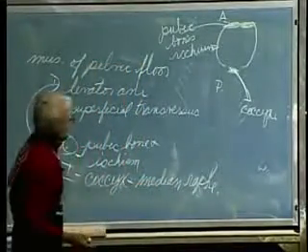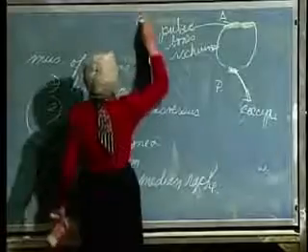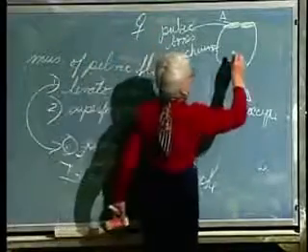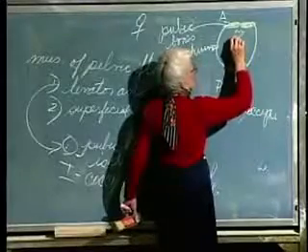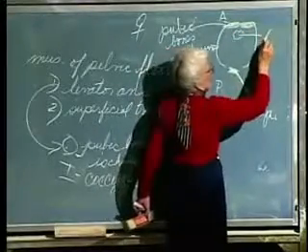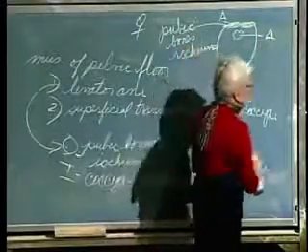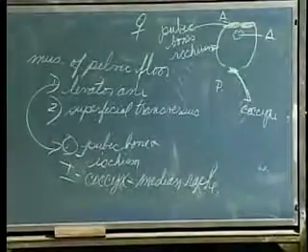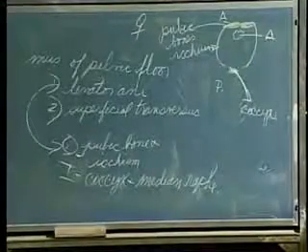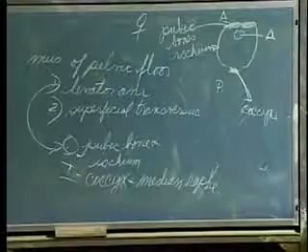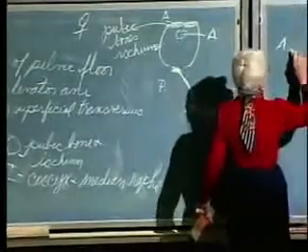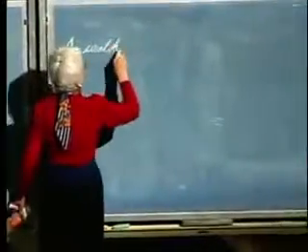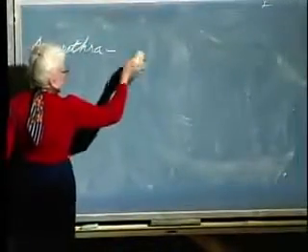In the female, let's do female first here, we'll have three openings. We'll have the urethra, A, because I don't have enough room to write there. So A is the urethra to eliminate urine.